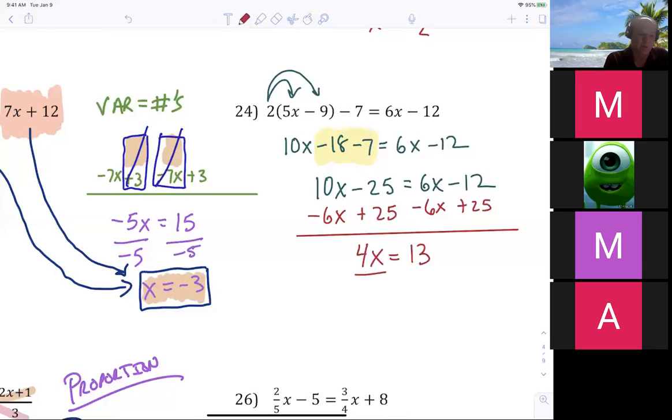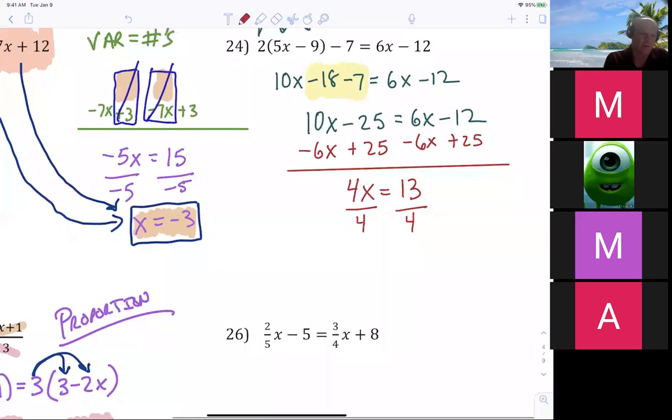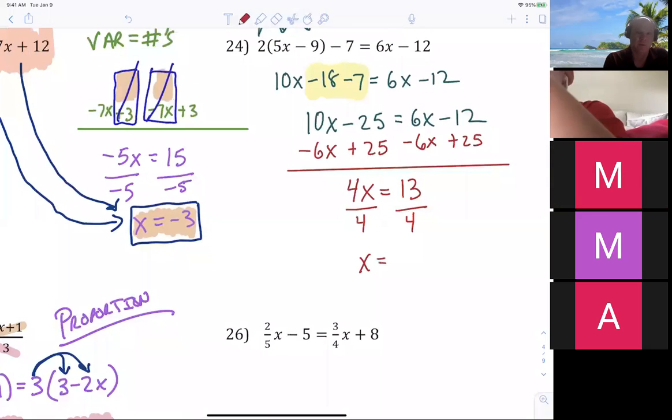Now, divide both sides by 4, divide both sides by 4. So I have x equals the fraction 13 over 4. I got that. If you know how to do that, you are way ahead of the game. You're doing an excellent job.